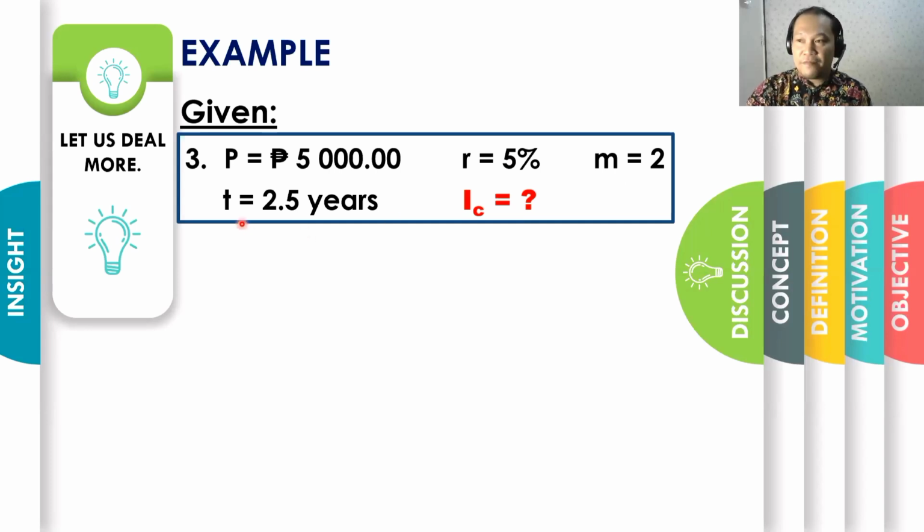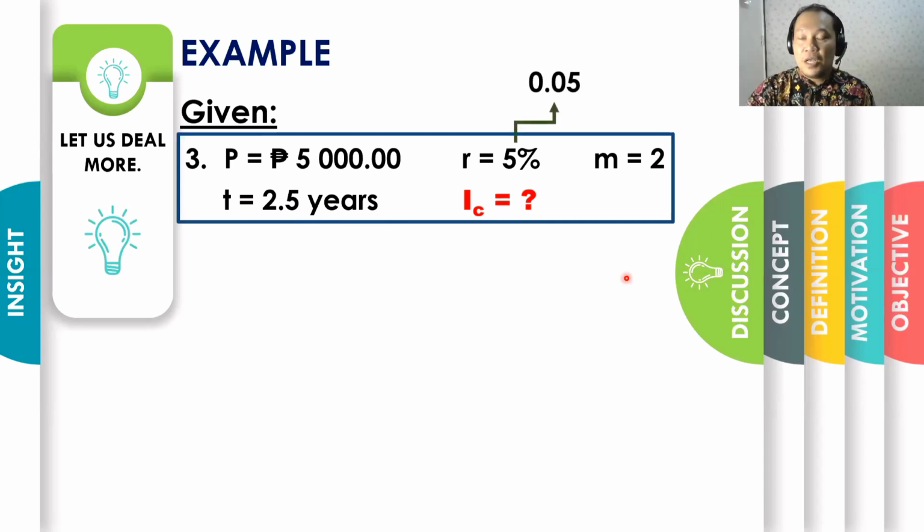And we are looking for the compound interest. Now, without finding the final amount, the maturity value, we can directly get the compound interest without passing through the computation of the maturity value by using this formula.